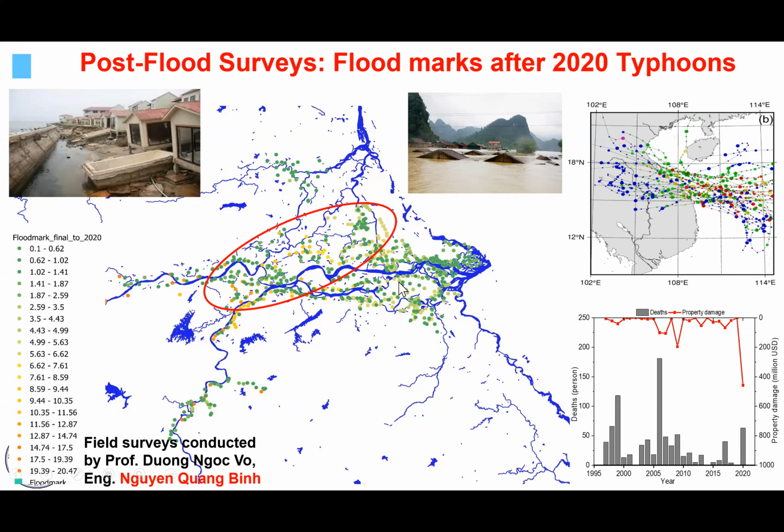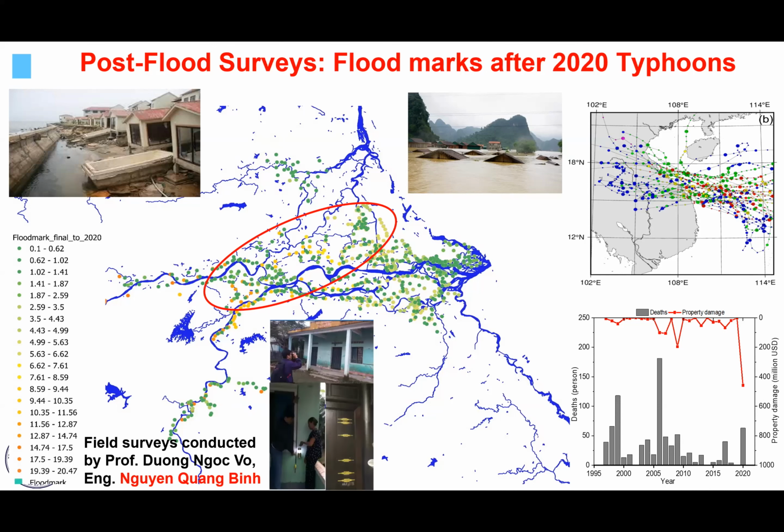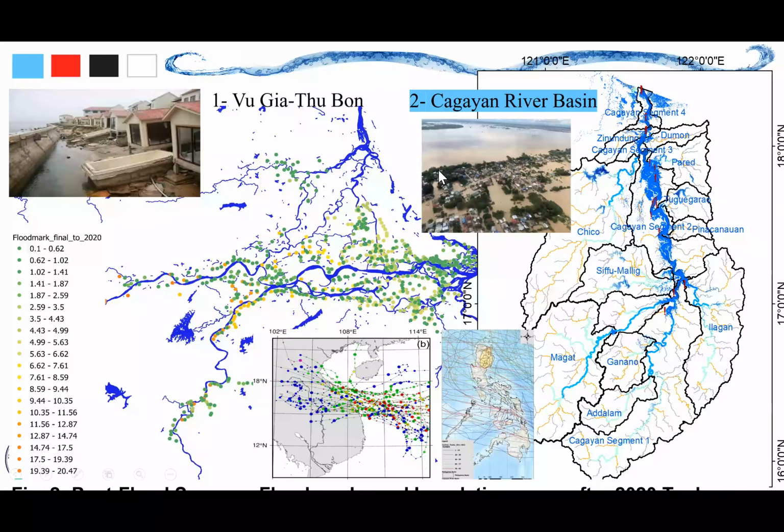And at the same time, we tried to construct the same flood inundation map in the Cagayan River Basin. As you can see, downstream area has been flooded.